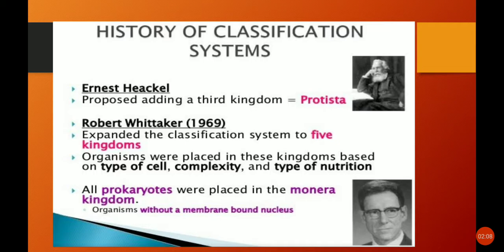Organisms were placed in these kingdoms based on type of cell. So organisms are classified based on what? Type of cell, complexity of the cell, and type of nutrition. Based on these 3, classification has been done, and all prokaryotes were placed in the Monera kingdom.